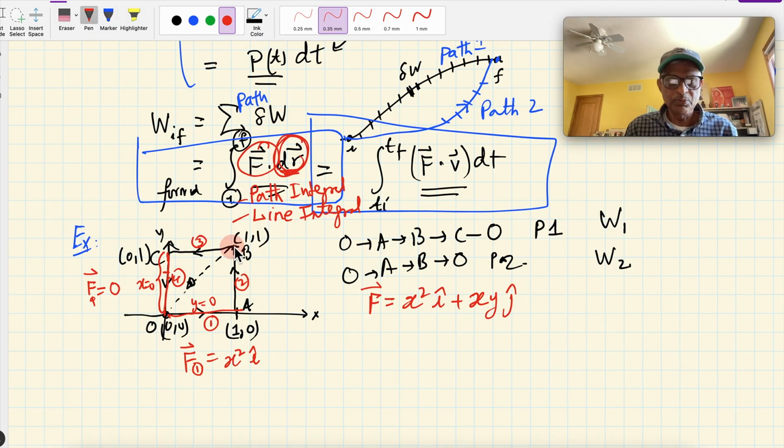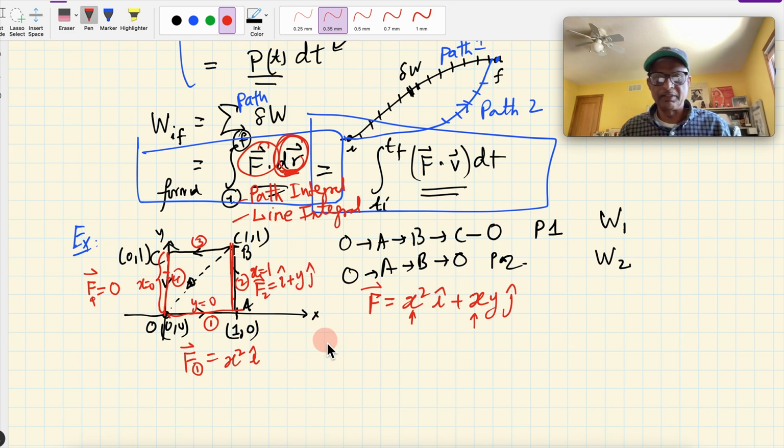F on 2 is x equal to 1. That's the path. On this path, you don't use the direction when you're trying to figure out what the force is on what segment. So on this segment, F on 2, x equals 1, so this will be i hat plus y j hat.